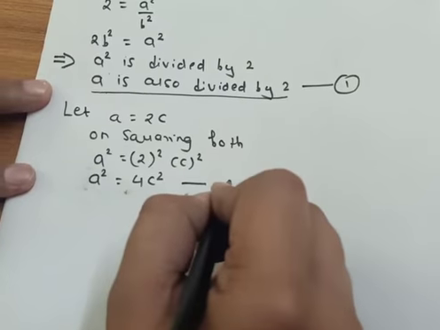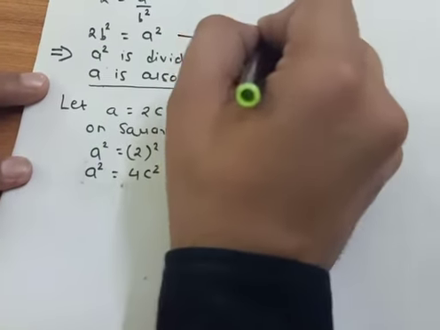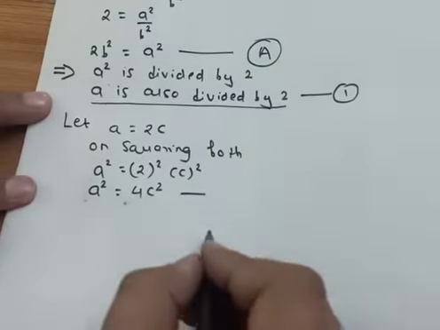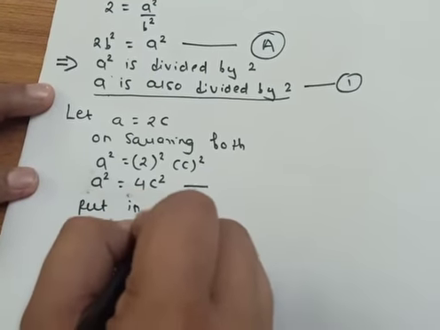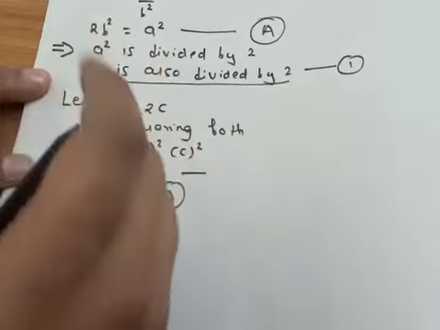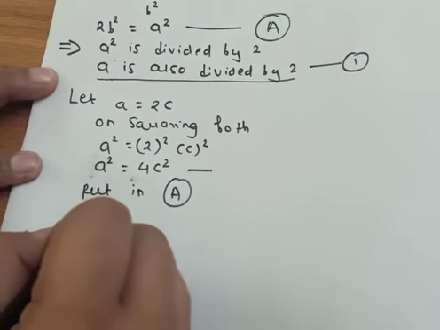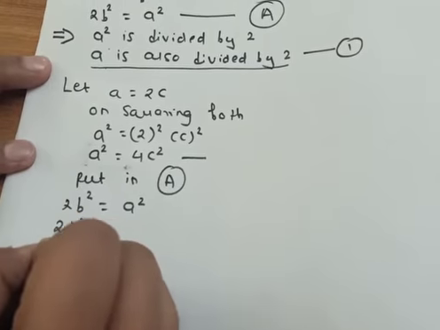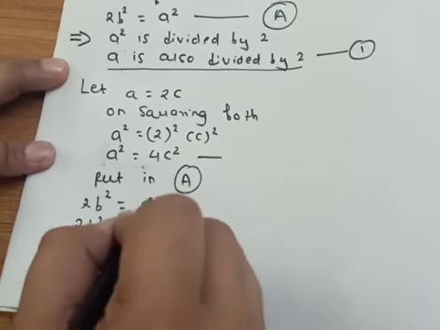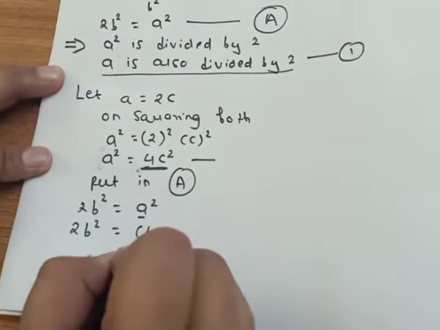Put this into the earlier equation, which we name equation number 8: 2b square equals a square. So 2b square equals, in place of a square we substitute 4c square.